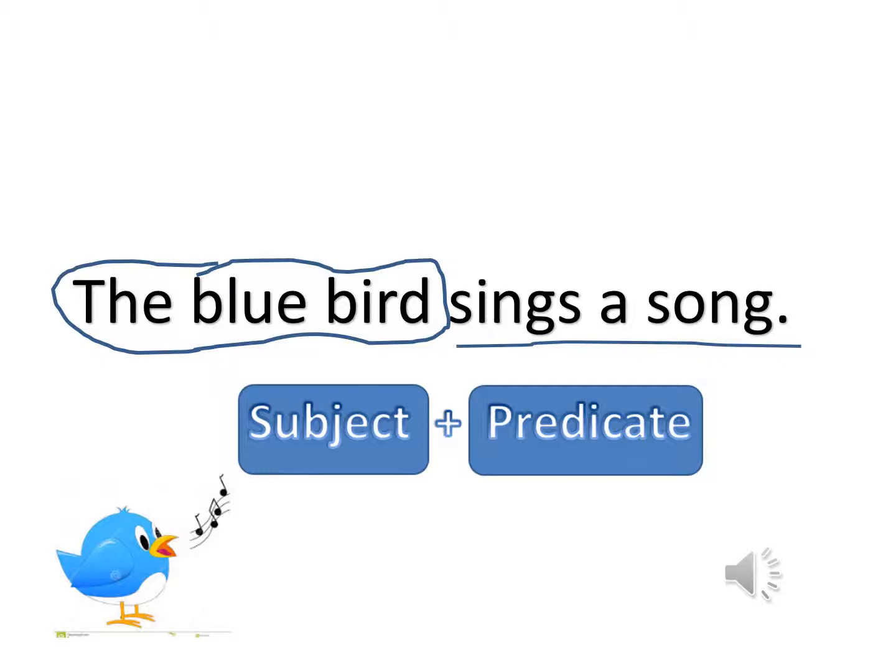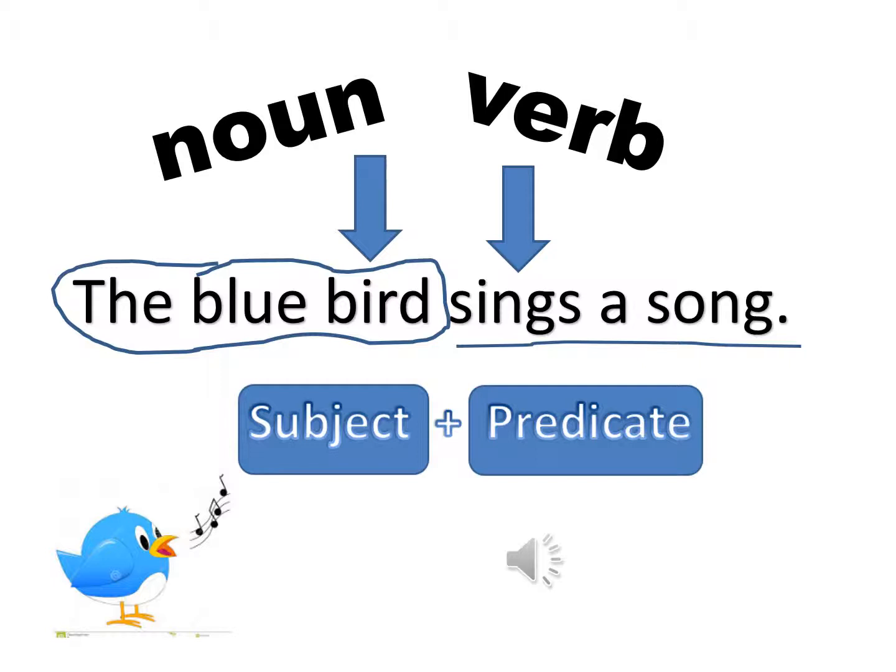The bluebird is the subject, and the predicate is sings a song. The bluebird is the subject, and the noun in the subject is bird. Sings a song is the predicate, and the word sings is the verb that starts the predicate.